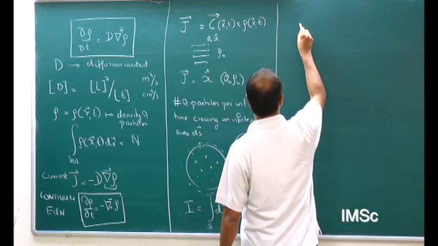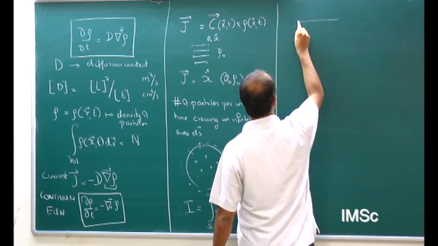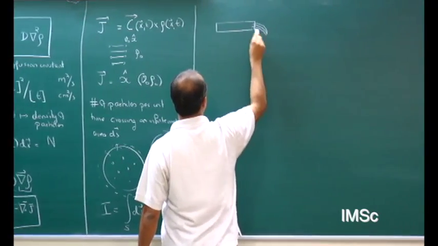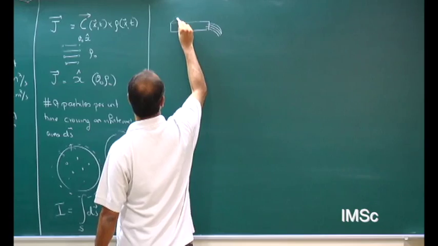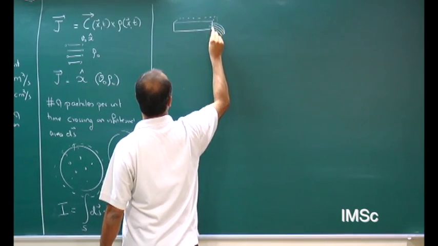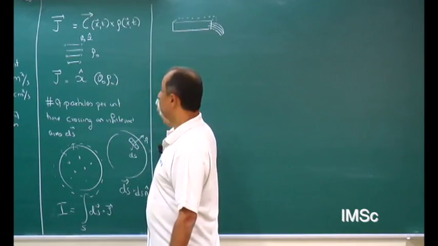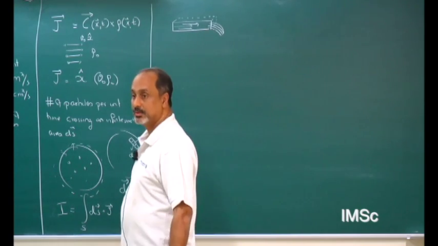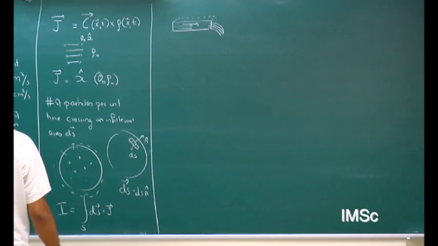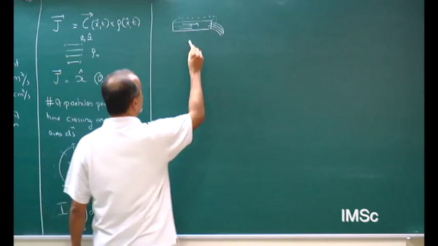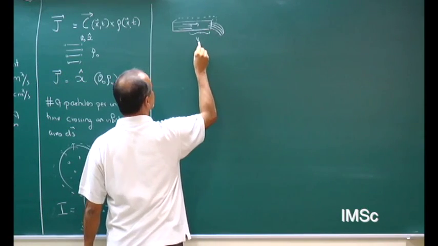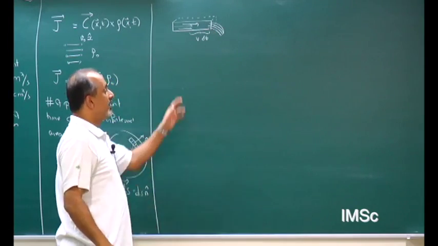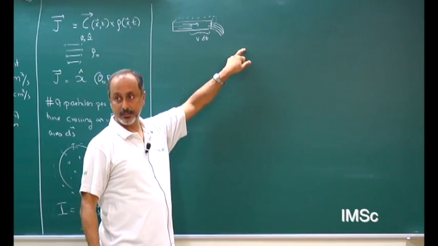Here's one way of thinking about it, that is to suppose I have a pipe in which water is flowing out. So the pipe might look a little like this. Suppose all the water is actually going in this direction. So you can ask, what is the number per unit time that is crossing the surface? Well, everything that is within a region v times Δt of this exit point, in time Δt will have moved outside.